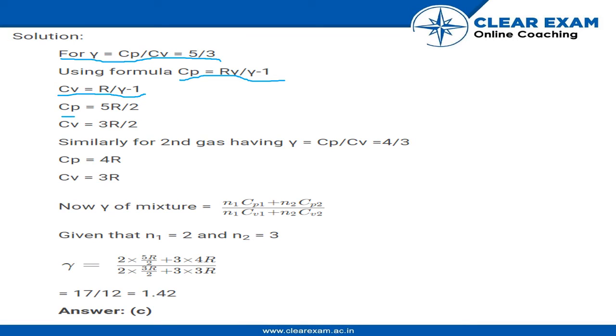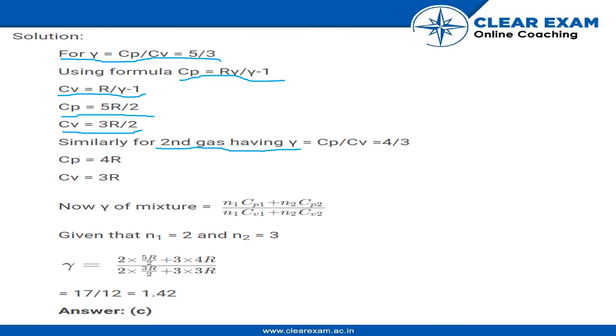Cp equal to 5R by 2 and Cv equal to 3R by 2. Similarly for the second gas having y equal to Cp by Cv equal to 4 by 3, that implies Cp is 4R and Cv is 3R.